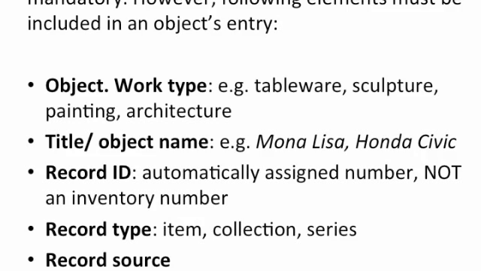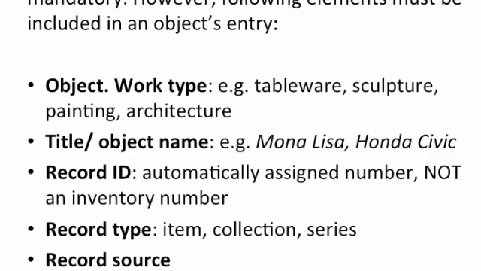Out of those 14 information fields that we just looked at, only 3 are considered mandatory. However, the ICOM website stipulates that the following elements must be included in an object's entry, and that is the object or work type, like tableware, sculpture, painting, architecture, the title or object name, Mona Lisa or a Honda Civic, record ID is automatically assigned, administrative, and is not an inventory number.